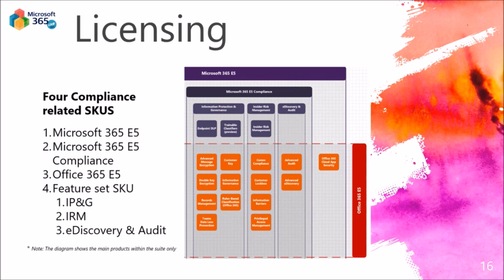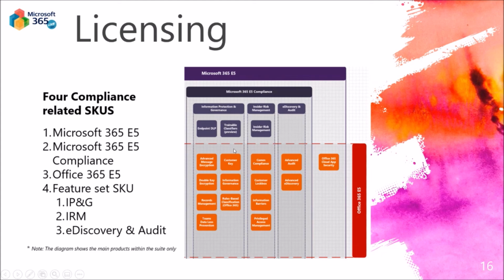There is a Microsoft 365 E5 compliance add-on to make things less confusing, which you can actually add to your licenses. So if you're on Microsoft 365 E3, for example, you could decide to add the Microsoft 365 E5 compliance, which gives you all of this.